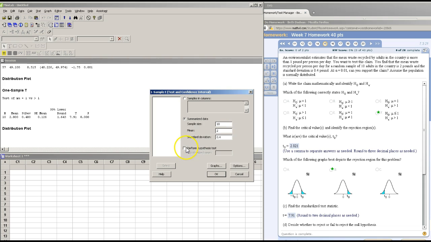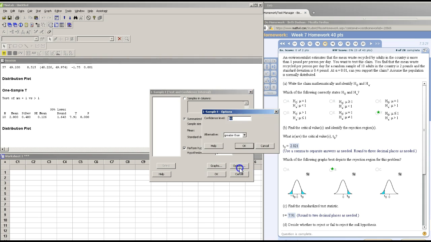So then we want to tell Minitab that we're doing a hypothesis test. And the hypothesized mean, now that's where your claim comes in. He claims that it's 1. And we go under options and we tell what the alternative is, which in this case is greater than. The confidence level, again, is given in like 90, 95, 80, whatever.